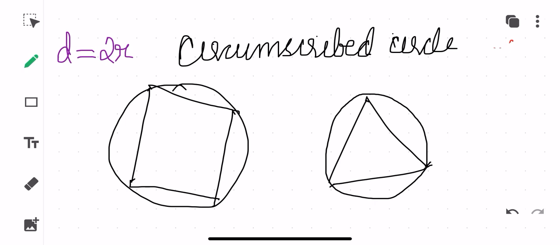The smallest polygon is the triangle. So suppose I have a triangle, then any circle which passes through all 3 vertices of this polygon is called a circumscribed circle. The center of this circle is called the circumcenter, which you must have studied in the section formula and distance formula chapter, where we studied about the circumcenter.